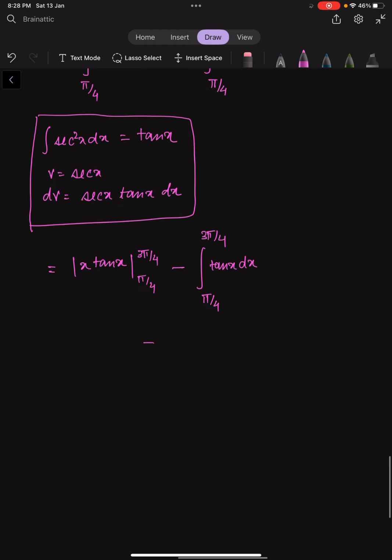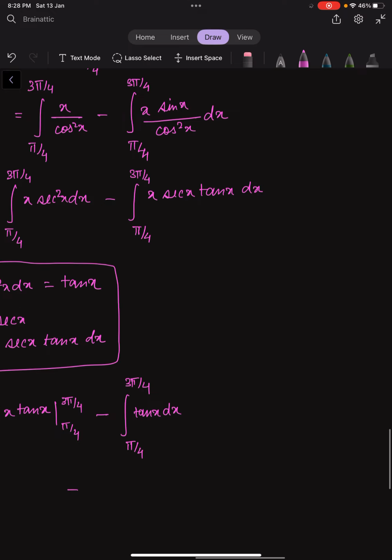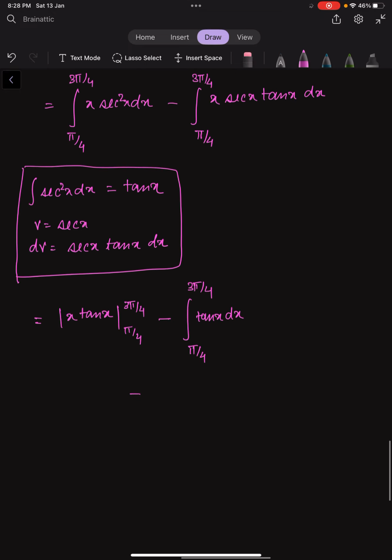Now the second part of the integration, we are going to solve that. That is nothing but the integral of x secant x tan x dx, and this we already know, we'll directly apply it. So this we have as x secant x from pi by 4 to 3 pi by 4.